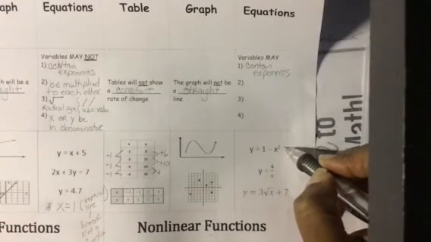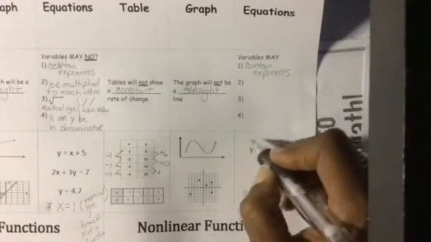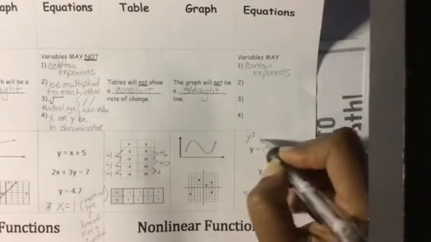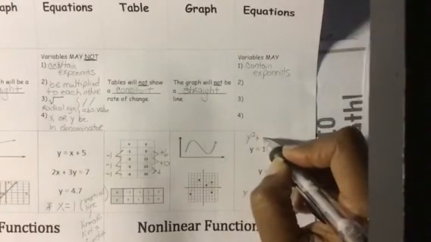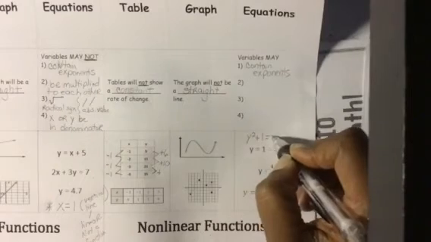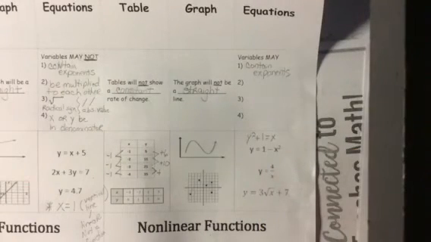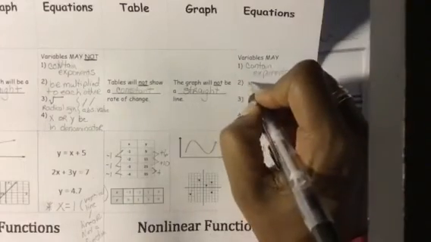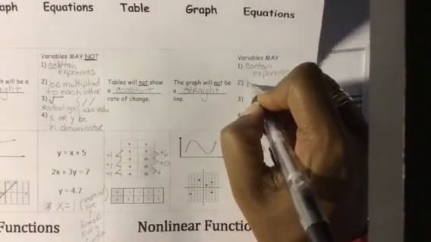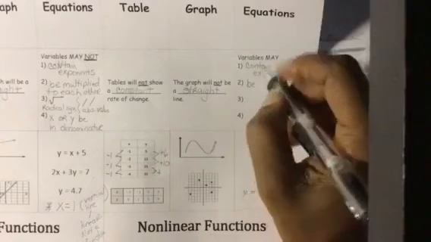I can also give this example, y squared plus 1 is equal to x. Non-linear. They cannot be multiplied to each other. That's for linear. For non-linear, they can be multiplied.